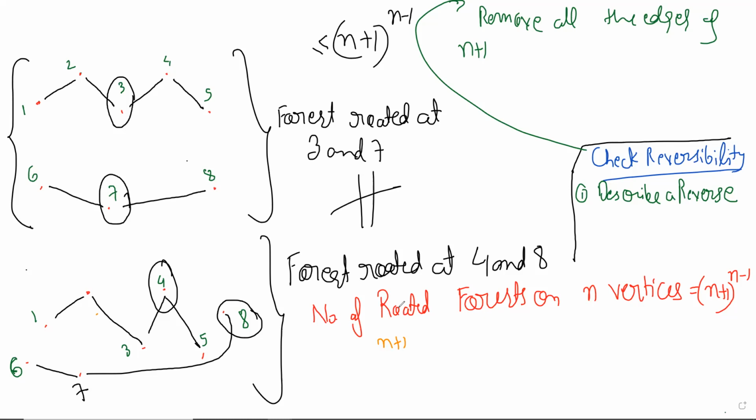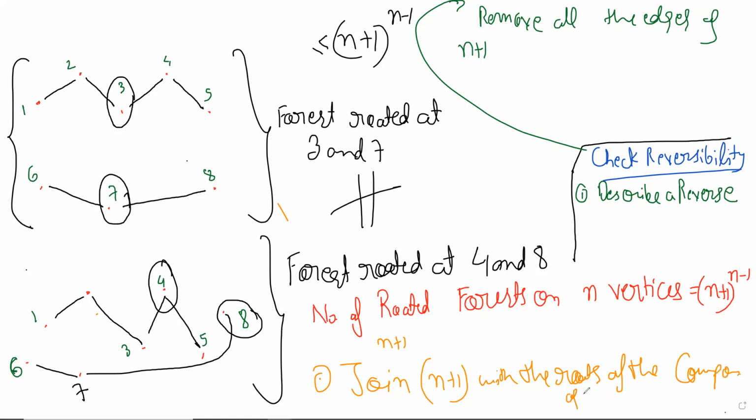You join it with the roots. Please try to complete this. I think it's a good exercise to do: join it, but show that you can get all trees in this way. That's important. Join n+1 with the roots of the tree components, just the components of the forests.